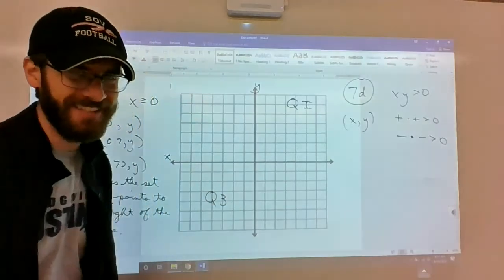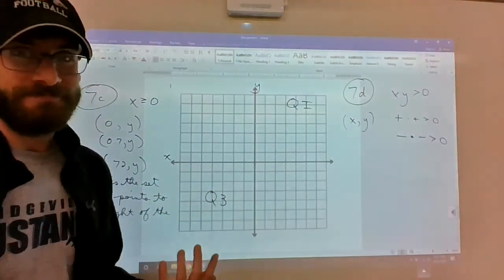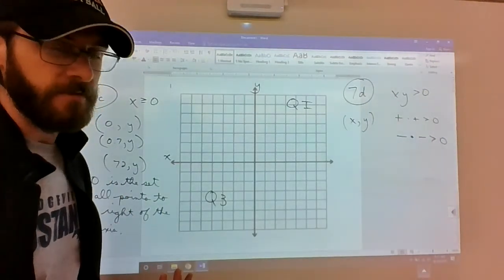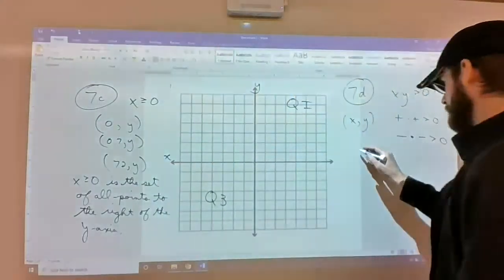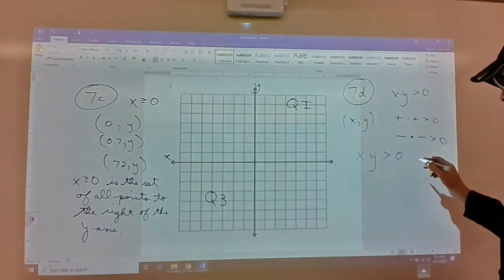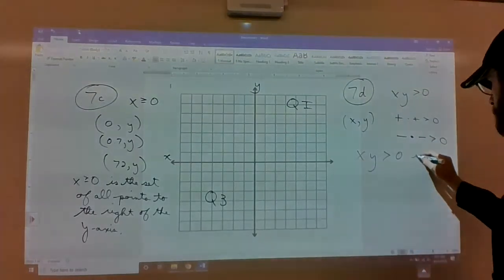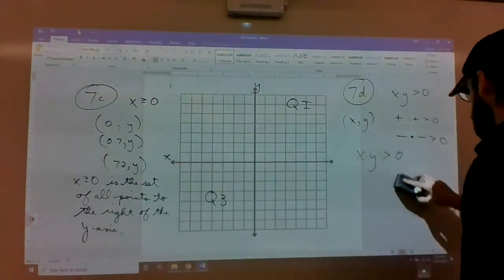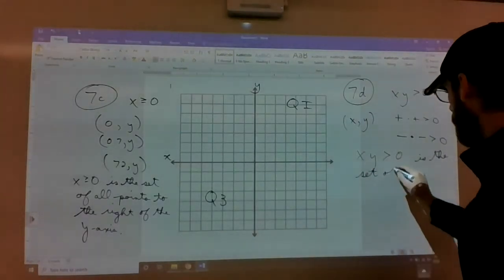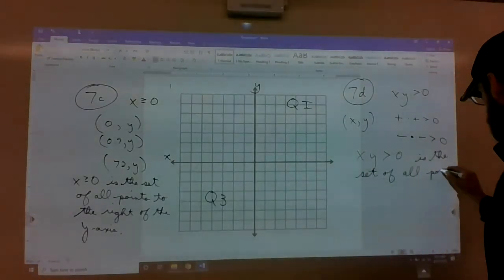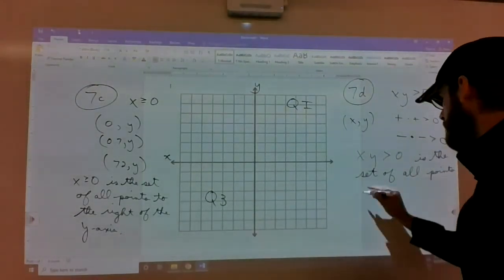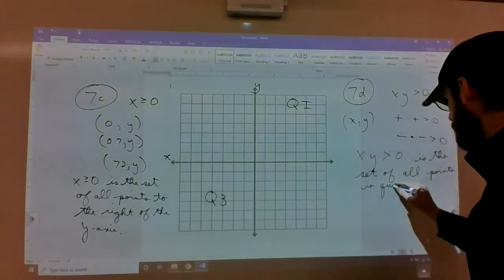I'll just use numbers. So, can we say all the points in quadrant 1 and all the points in quadrant 3? I think so. xy is greater than 0 is the set of all points in quadrants 1 and 3.